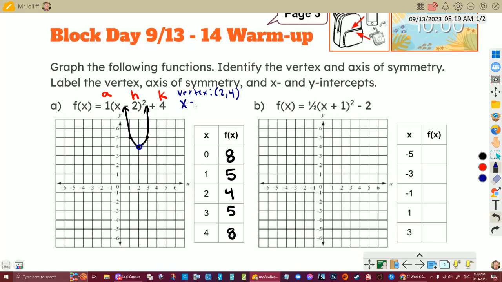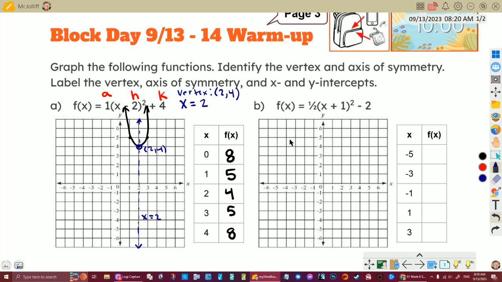And it's always x equals the x-coordinate of our vertex, so 2. And I'm going to go ahead and draw that in our graph, and label those two things. So this line is the line x equals 2. This is the point 2, 4.